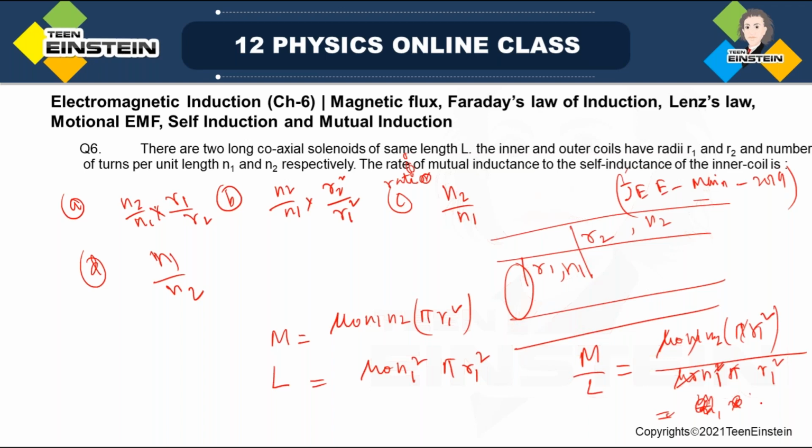So finally what is remaining is n2 by n1. So that is the ratio of mutual inductance to the self inductance. You need to know what these quantities are for a circular loop.